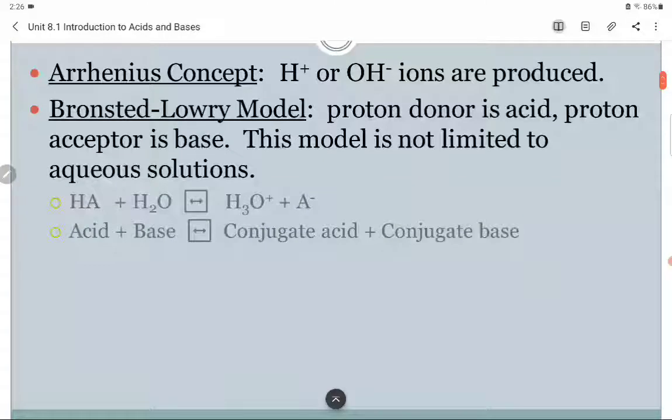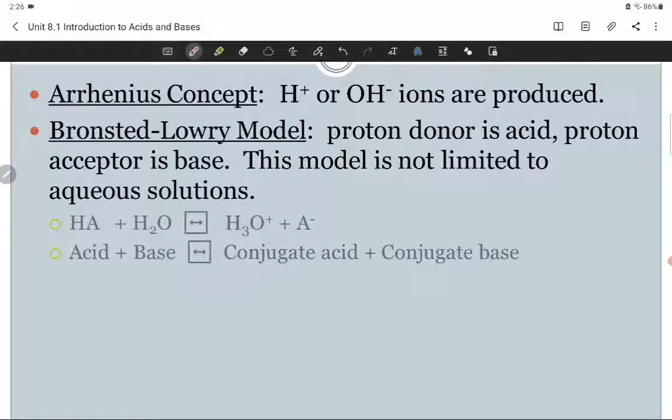So we have a couple of definitions of acids and bases. And I guess this works for us for the most part. If it has an H positive, and typically that H is going to be found in the front of the molecule, then it's an acid.